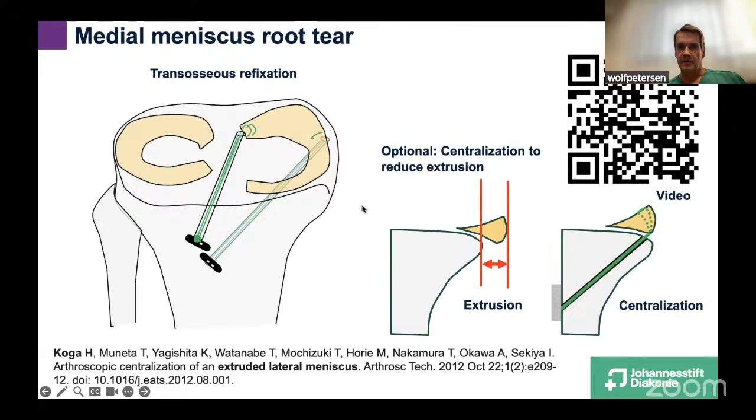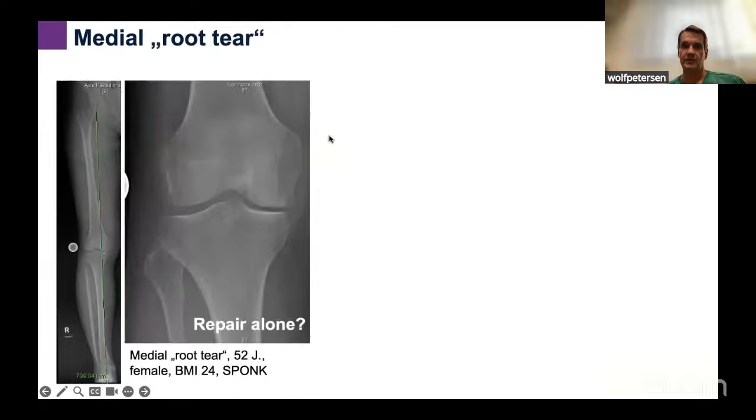But at the medial side, it makes sense. You can do it either by a new transosseous tunnel or by using a suture anchor, which is placed at the outer part of the medial tibial plateau.